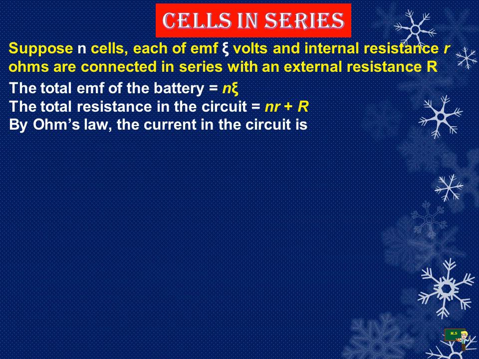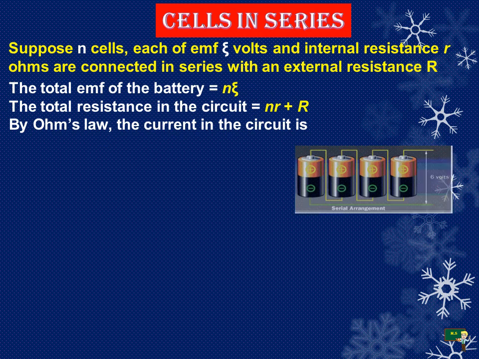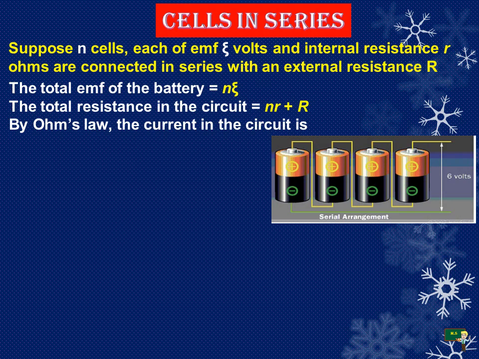The negative terminal of the second cell is connected to the positive terminal of the third cell, and so on. The free positive terminal of the first cell and the free negative terminal of the last cell become the terminals of the battery. Here I can show you the serial arrangement of battery cells.